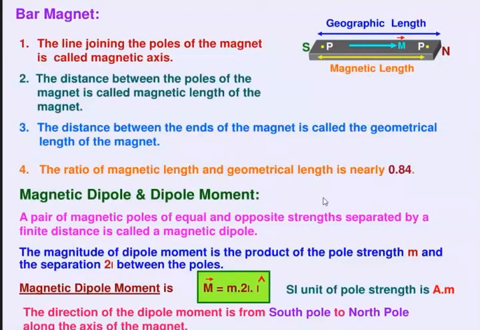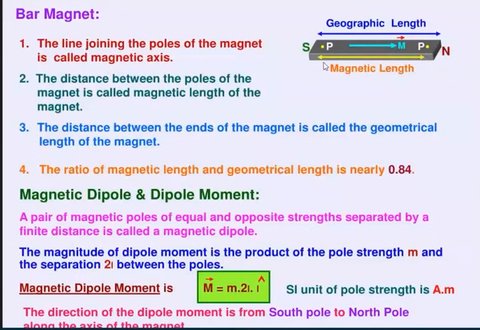Here also the two poles are separated by a certain distance, so we can express dipole moment in the same way. If you represent this pole strength as M1 and this pole strength as M2, but in case of a dipole, the two pole strengths must be equal in magnitude. So we can say that this is M and this is minus M.